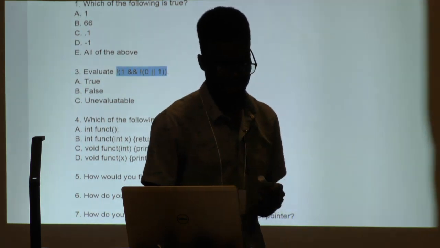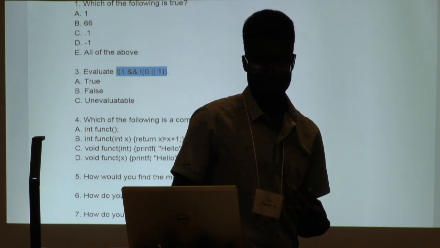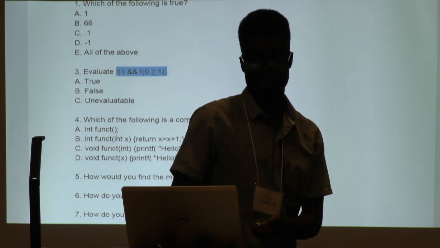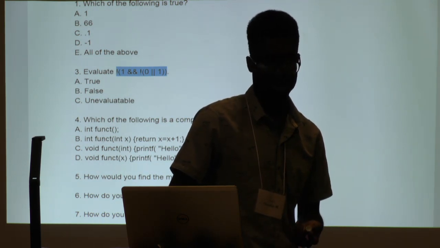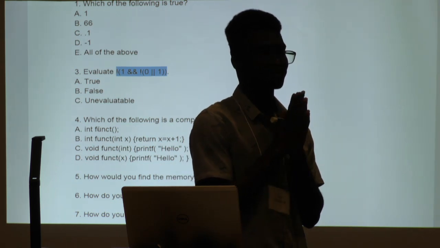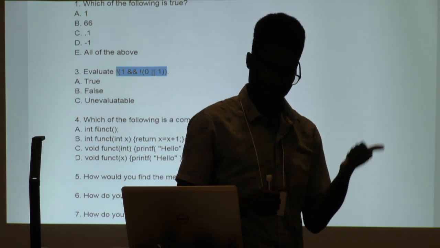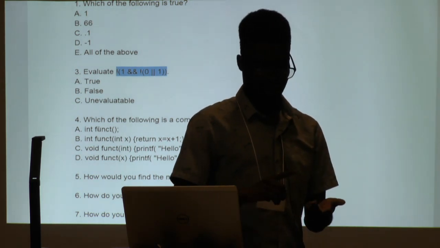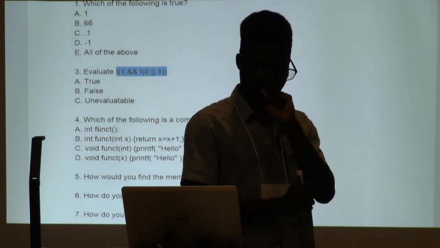So we talked a little bit earlier about functions, but which of these functions is complete? Which is the most complete function on this list? Remember, functions have a return type, a function name, a list of parameters, and a body.